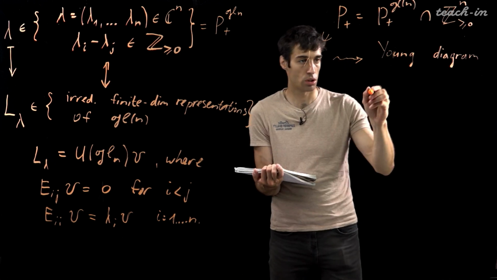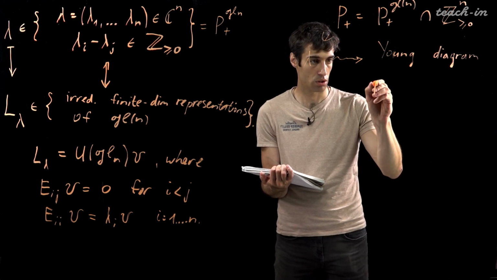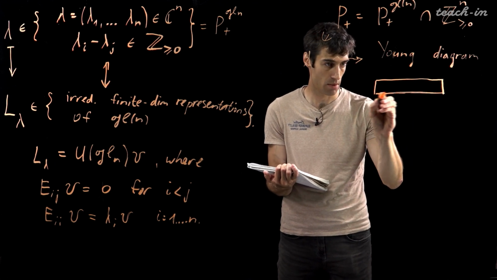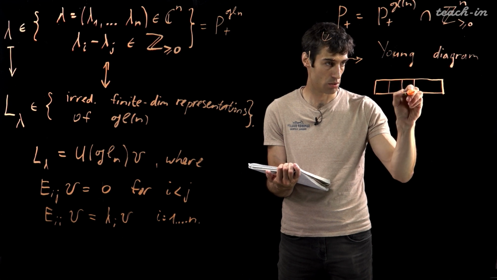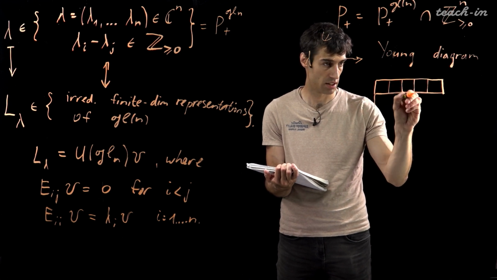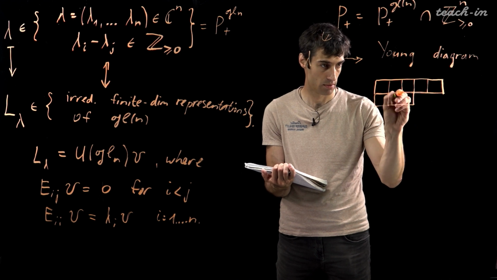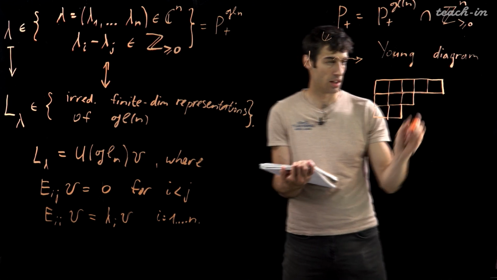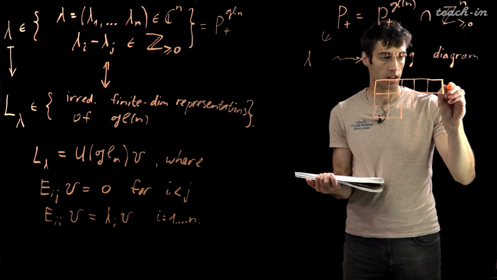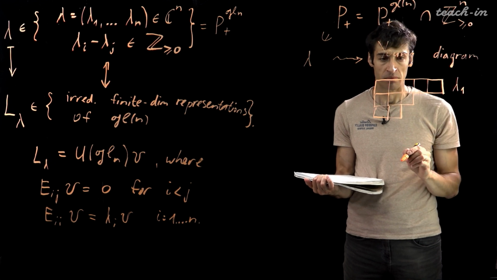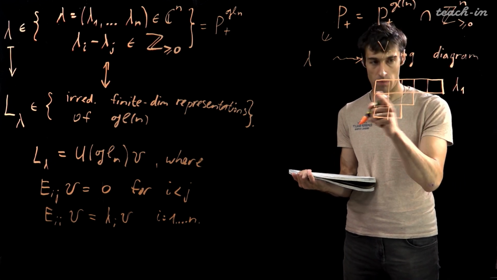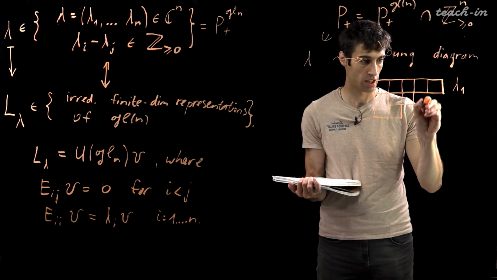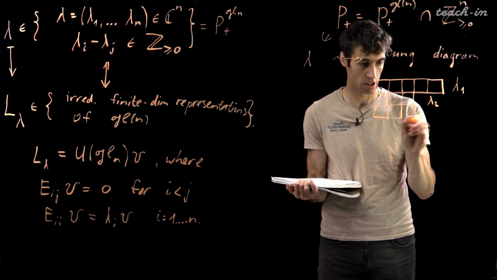So therefore we can draw such a picture. We can draw rows of boxes of some length, and these boxes will be aligned by the leftmost box. And the number of boxes in the first row is lambda_1. Since lambda_1 is a non-negative integer, it makes sense to count how many boxes are here. And the number of boxes here is lambda_2, lambda_3, and so on.